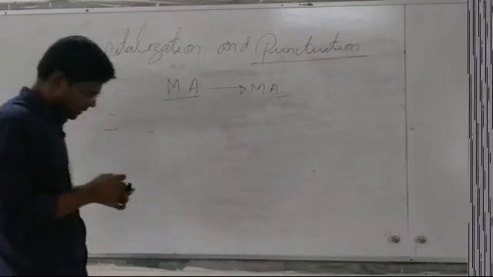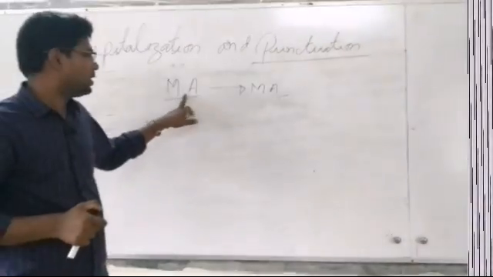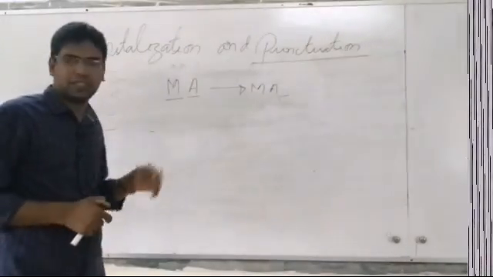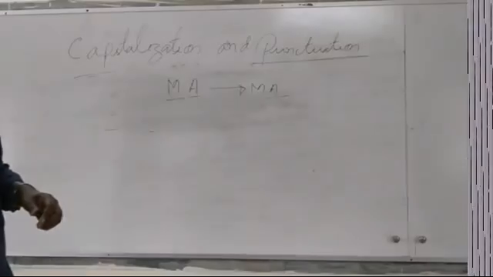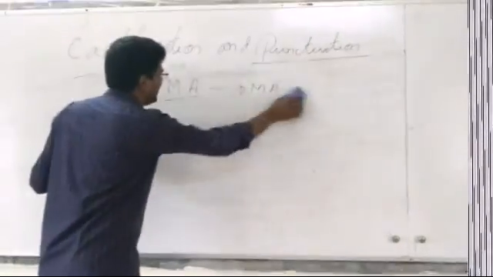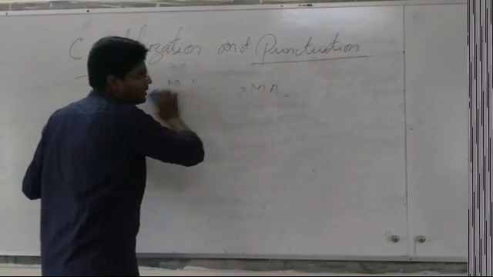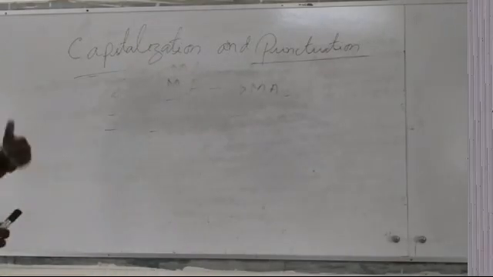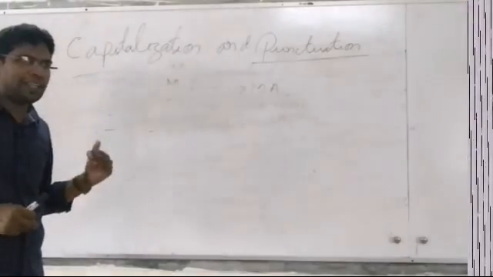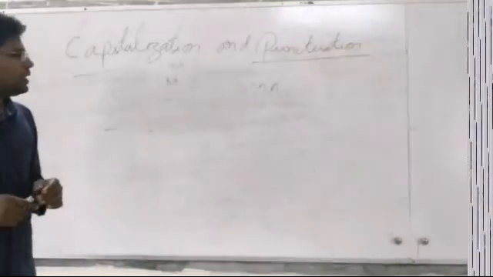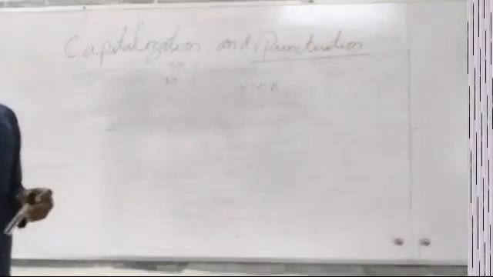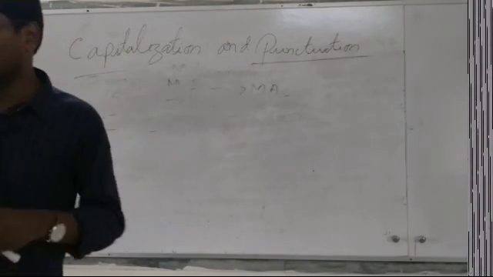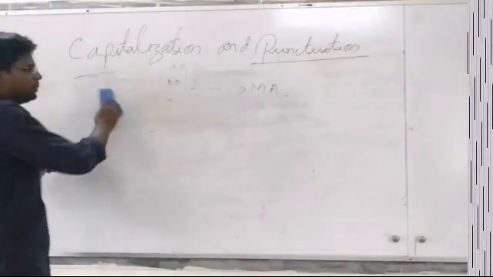In modern English, the dot is not used here, but previously it was used in case of abbreviation or acronym. SSC, sir. Previously, dot was used, but in modern English, in modern time, dot is not used here. So I think this point is also clear to you. So this is all about the use of full stop.